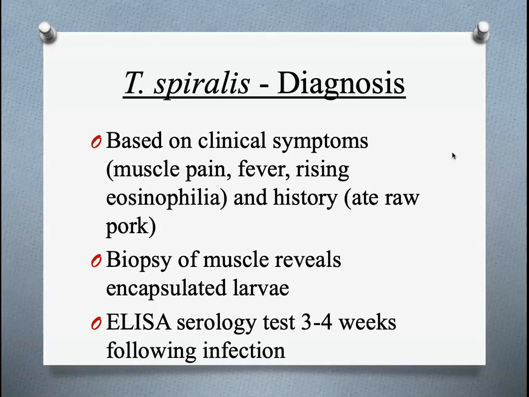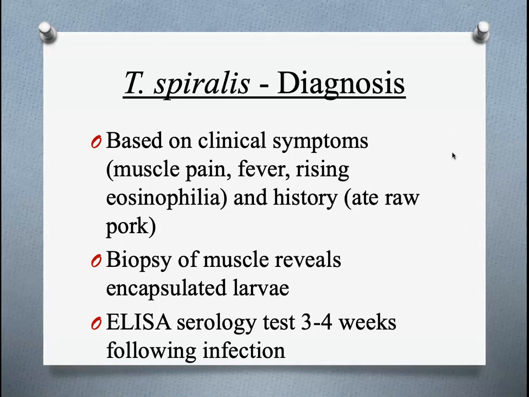It would be very helpful to the doctor if you could tell them what you ate in the last month. But a lot of times, you might not know that you ate undercooked pork 3 weeks ago. That might not be something that would stand out to you. Also helpful, that's not listed on here, some other labs would be increased muscle enzymes in the serum.